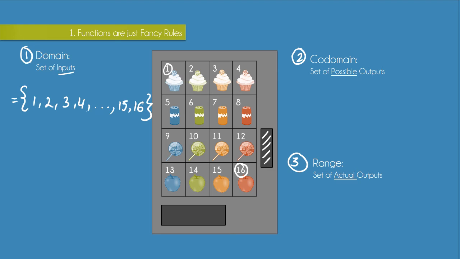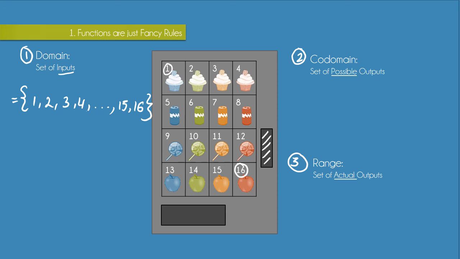So what's meant by the codomain then? Well, the codomain is the set of possible outputs. And again, the codomain is decided by whoever makes the function. So whoever made this vending machine might give guidelines as to what kind of food could be sold in that vending machine.